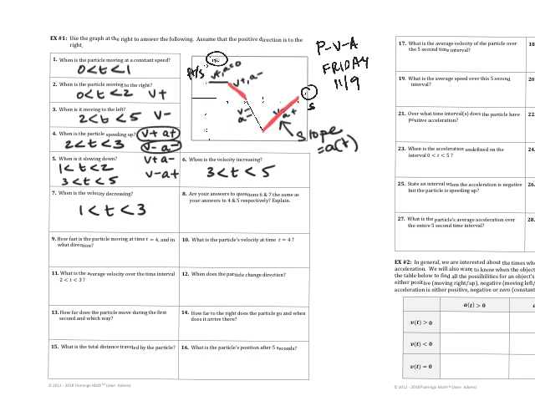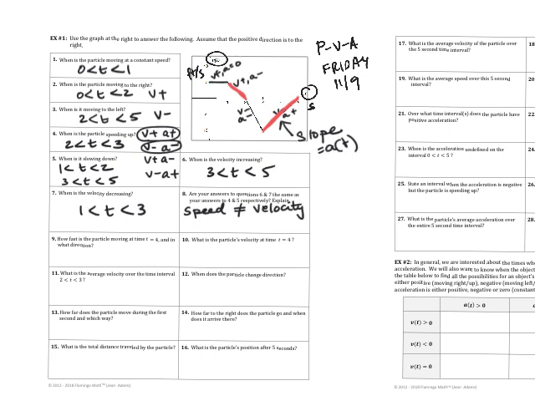Now, number 8 says, are your answers to 6 and 7 the same as to 4 and 5? And this is the heart of this lesson, is the answers are not the same because speed is not equal to velocity.